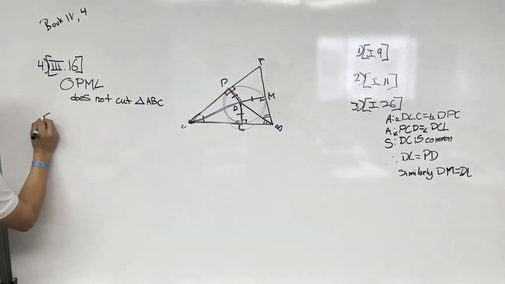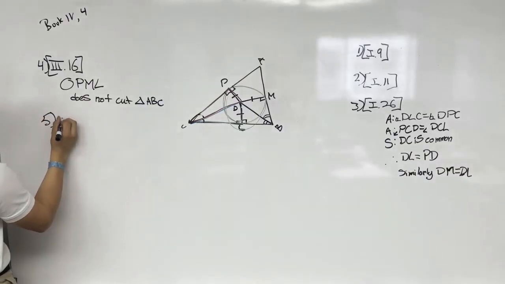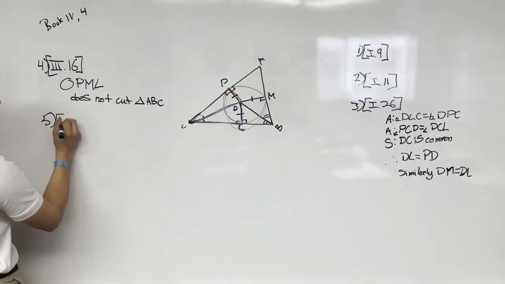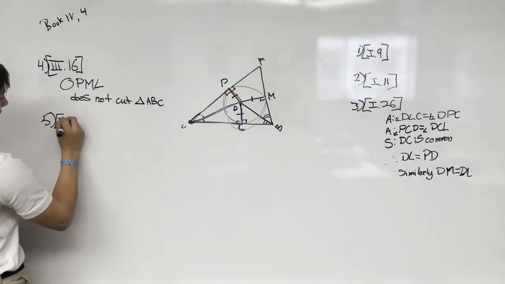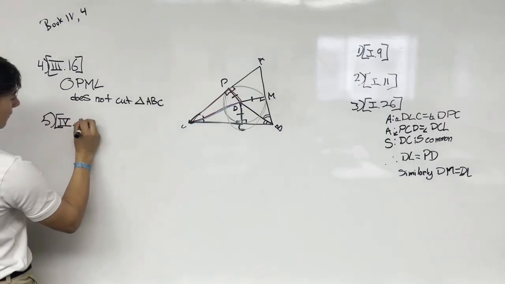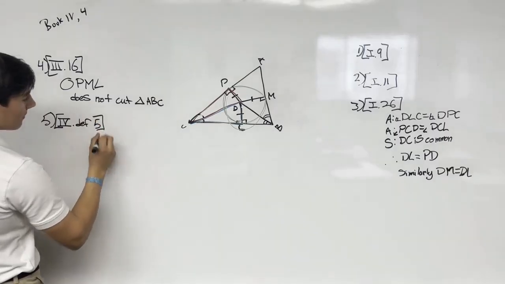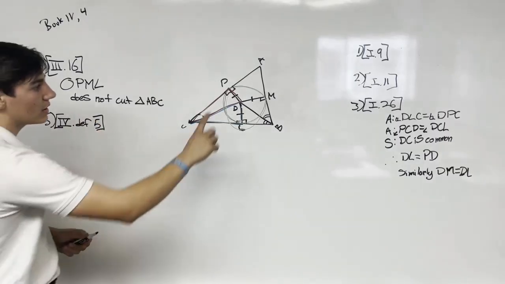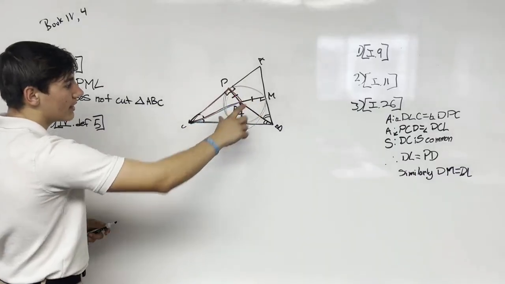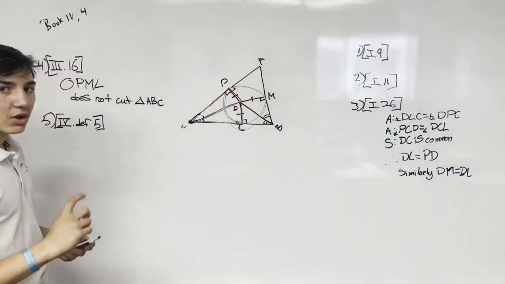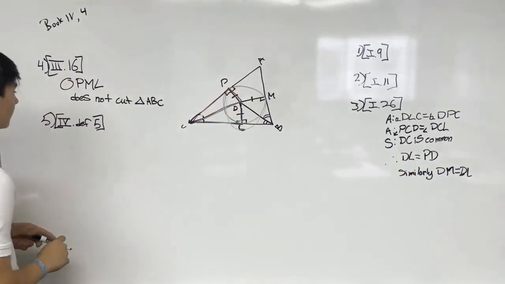And we know from Book 4, Definition 5, that if we have a circle that touches the sides of the triangle and does not cut them, then that circle is said to be inscribed in the triangle which it touches.